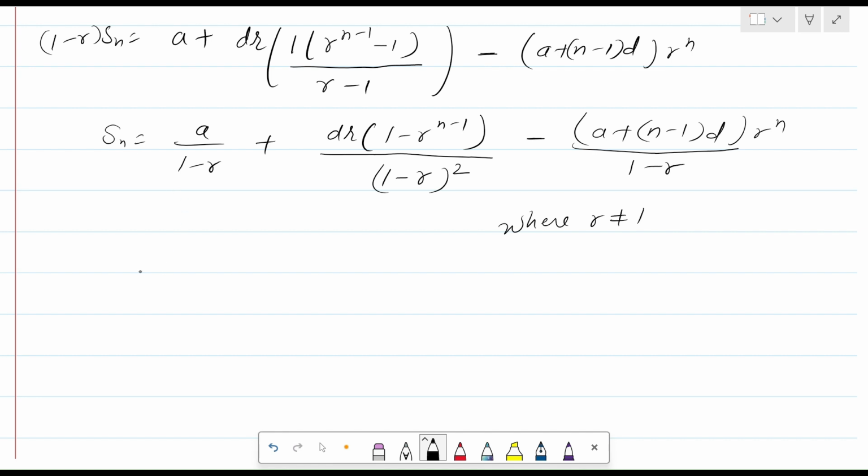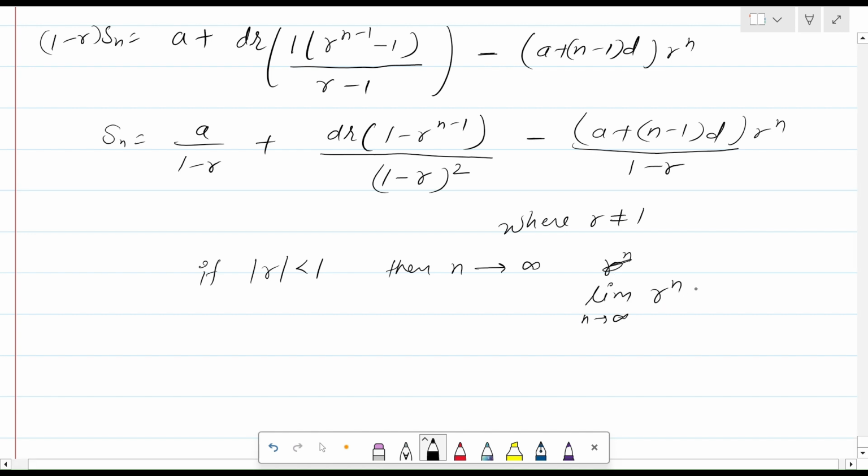So now if mod of r is less than 1, then as n tends to infinity, r raised to the power n tends to 0, and r raised to the power n minus 1 also tends to 0. Okay.